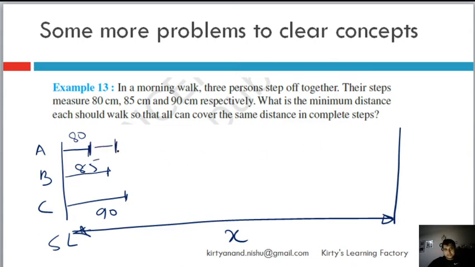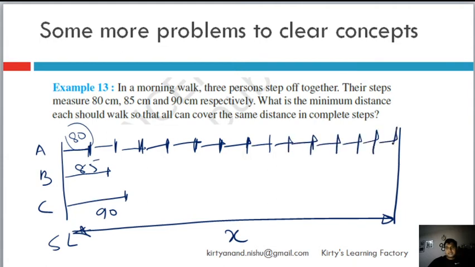So obviously if the same distance they have to cover and they have to take some steps, understand, because A's step size is the smallest, A will take maximum number of steps. So ultimately whatever this distance is, it is a multiple of 80. Let's say 1 step, 2 step, 5 step, 10 step, it could be 20 steps, I don't know.